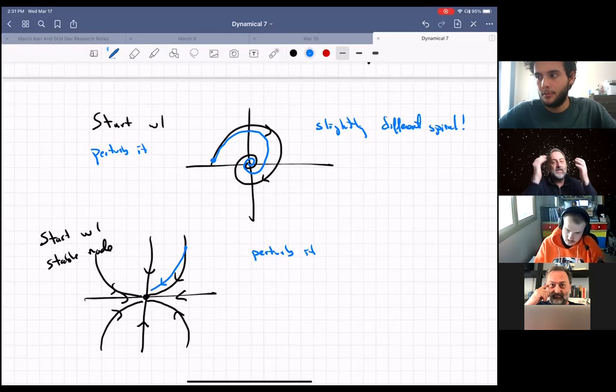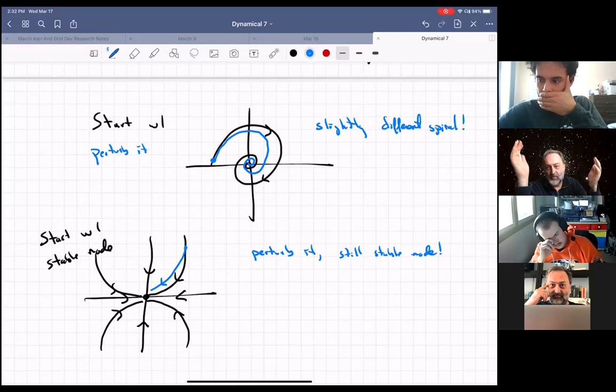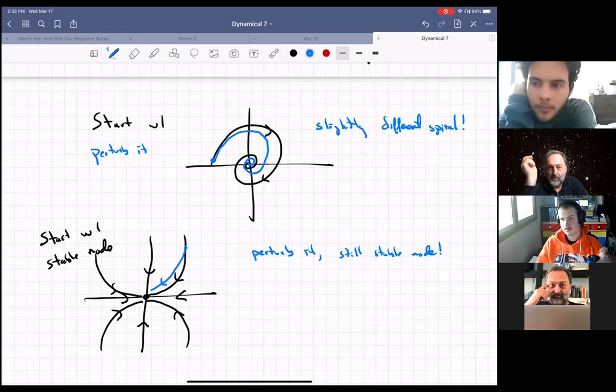I might get a slightly different looking stable node, but I'm not going to bounce the stable node into something completely radically different under a small perturbation. I'd have to do something major to alter the system to change a stable node into something else.